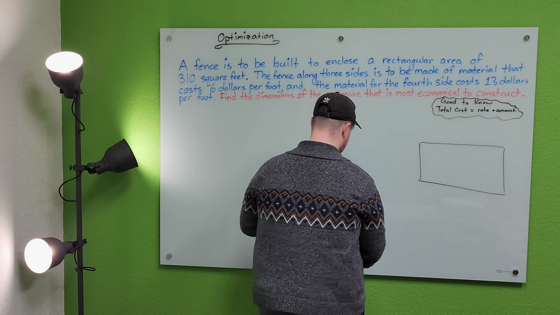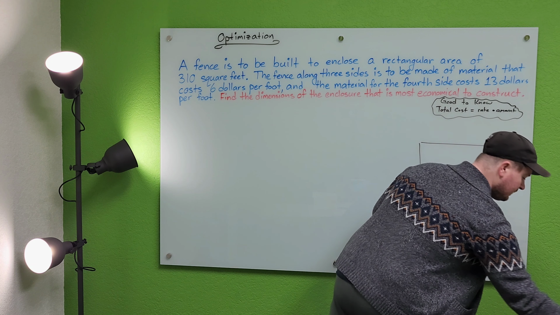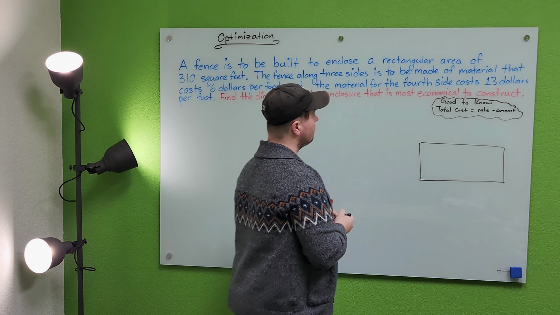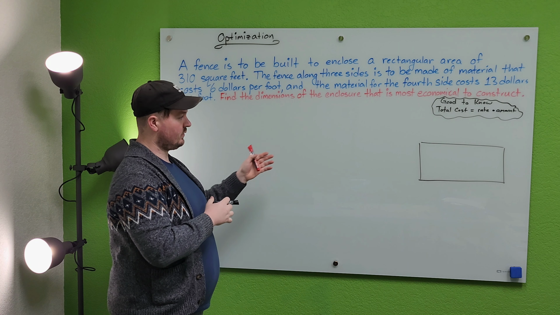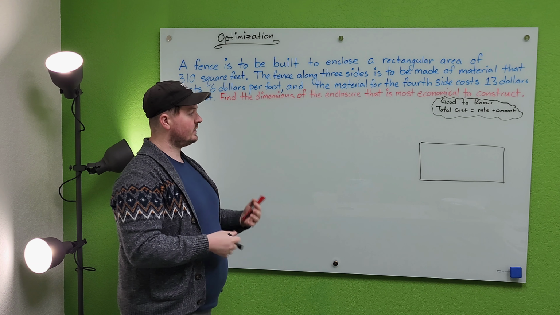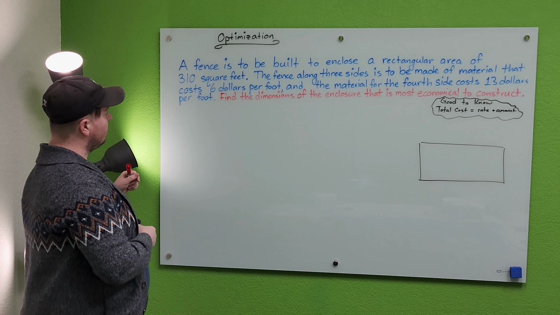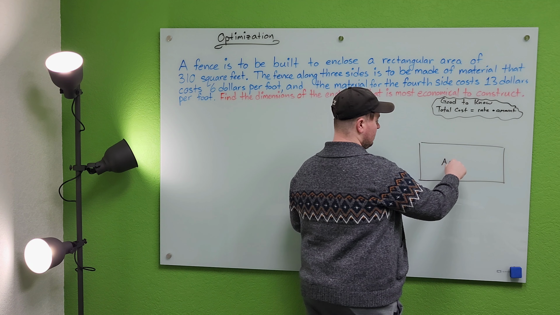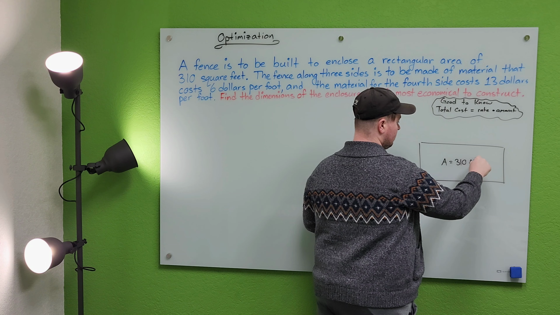If we draw a rectangle, we can reread the question and put some of the information they've given us on the rectangle to help us see the situation more clearly. So the total area here is going to be 310 square feet.